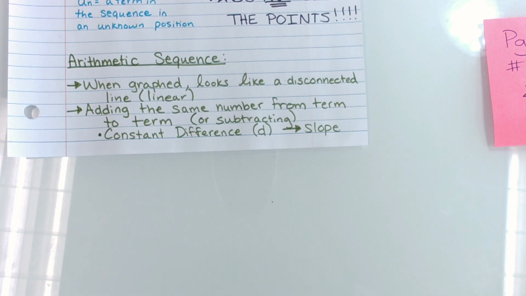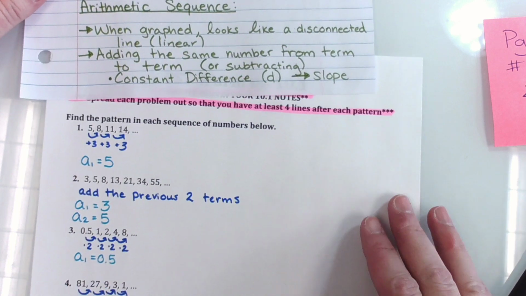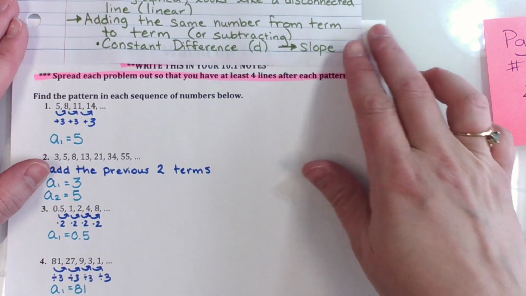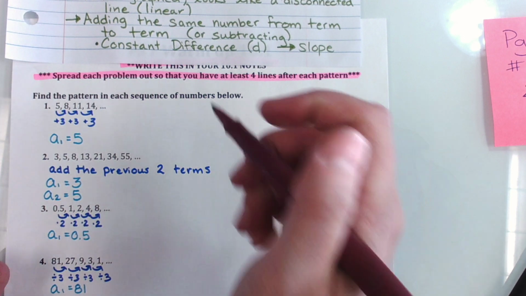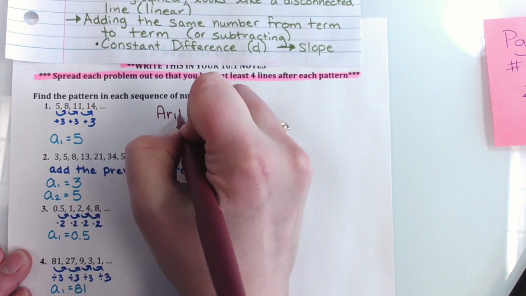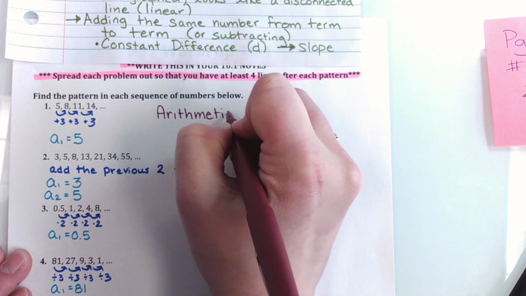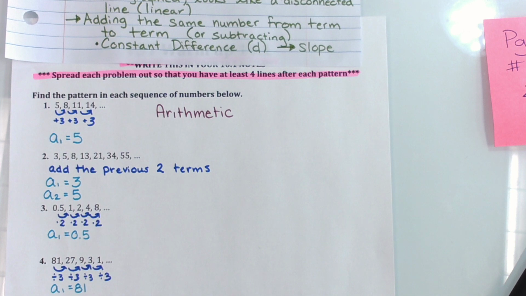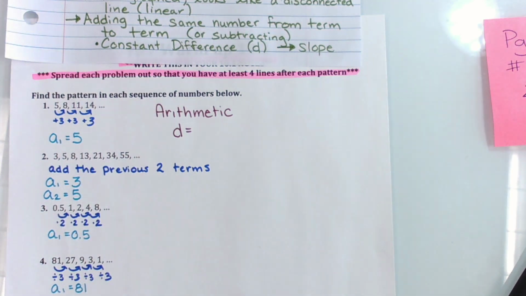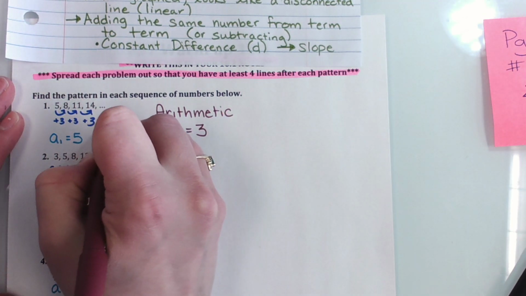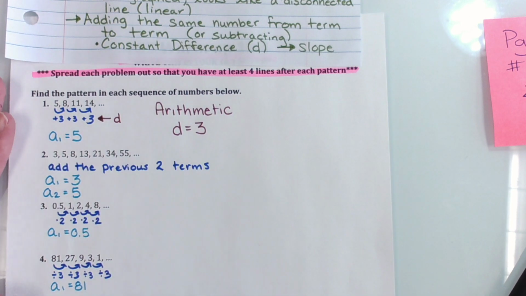Going back to my other sheet. So, we established that this first one is arithmetic. If it is arithmetic, it has a common or constant difference. In this case, that common or constant difference is 3, because the number you're adding every single time is the common or constant difference.